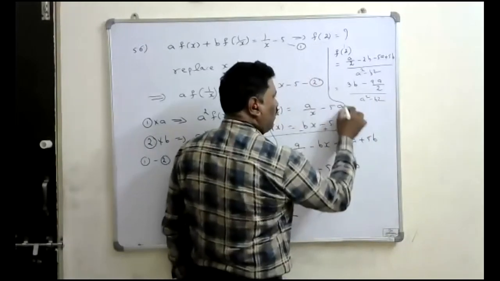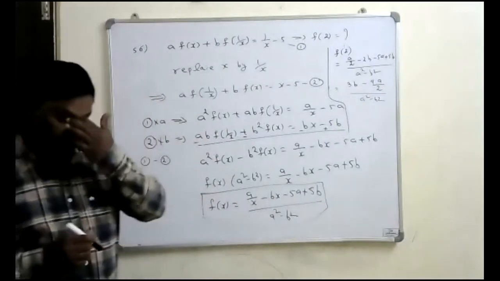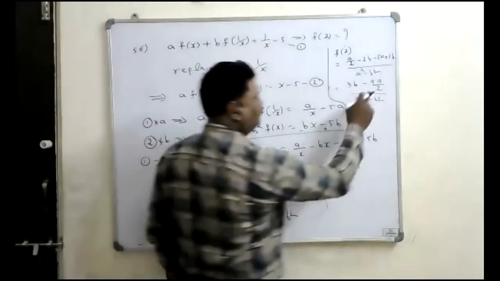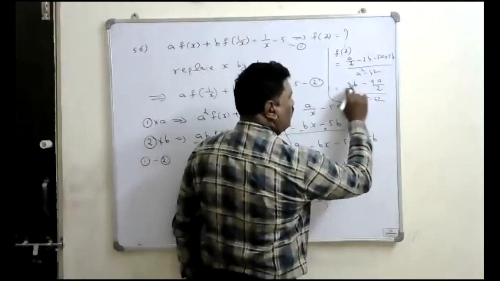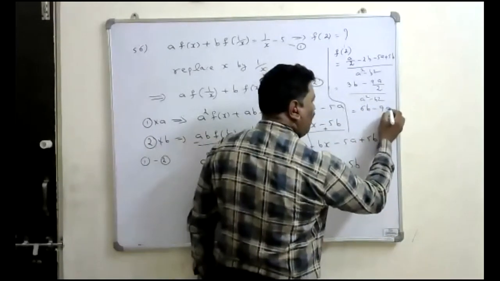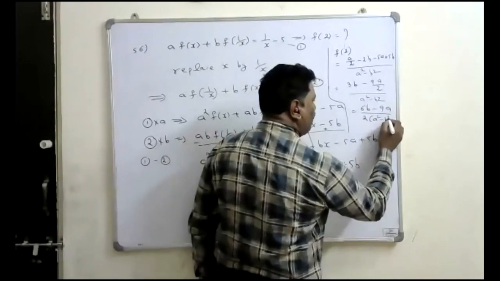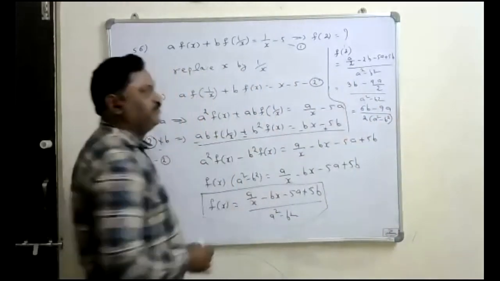Now in the numerator, the LCM is 2, that 2 comes here, so 6b minus 9a upon 2 upon a square minus b square. This is the value of f of 2.